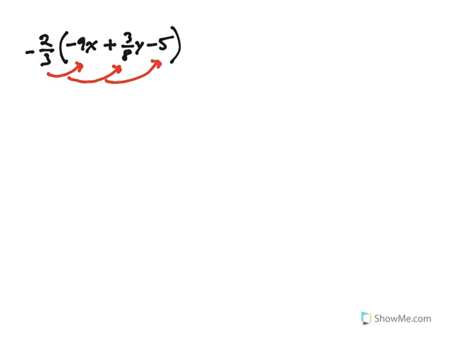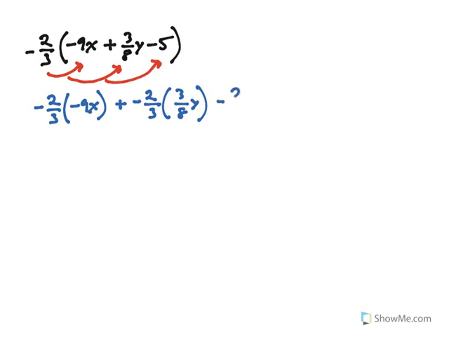So what we're going to do is take negative 2/3 and multiply that by negative 9x. And then we're going to add minus 2/3 times 3/8y, and then we're going to do a negative 2/3 times negative 5.